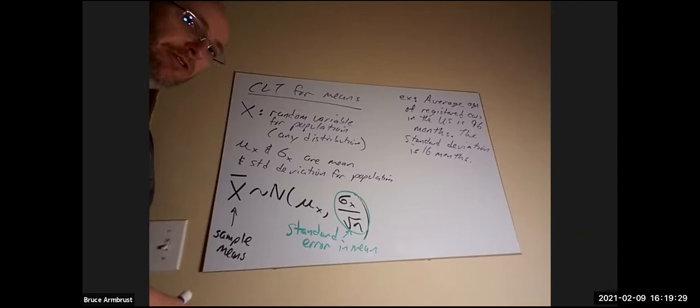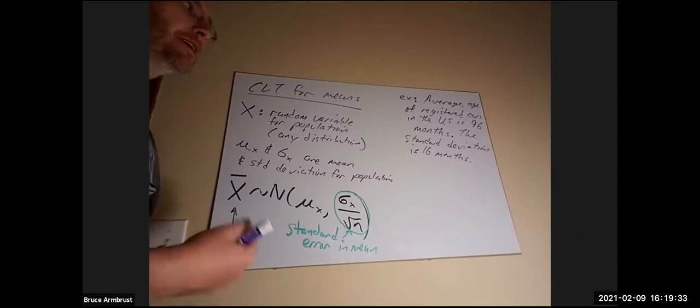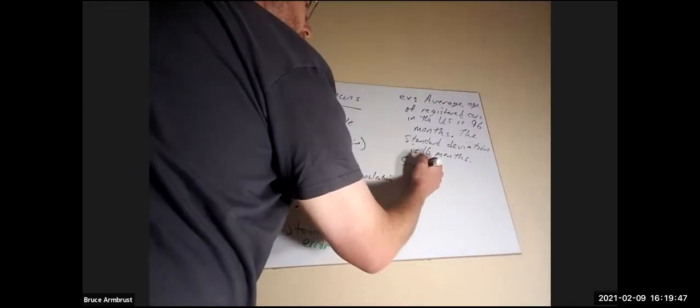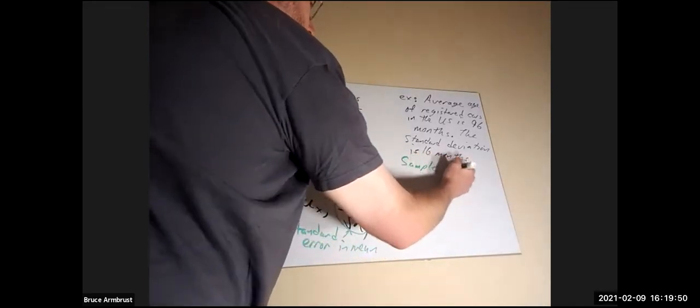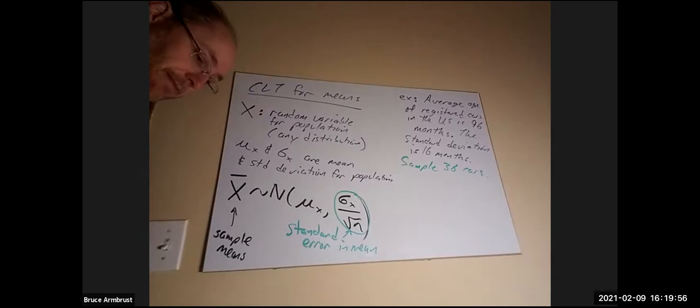We don't know if it's uniform, if it's normal, or whatever, because that's not going to be relevant when it comes to the central limit theorem. But here's what I want to do. Let's say that we sample 36 cars. So we're just going to go out and randomly collect 36 cars and sample them.